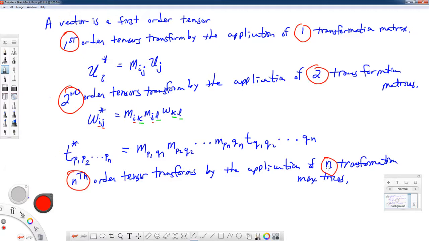Now, in a way, this is a useful definition, because if we know the components of a tensor in one coordinate system, and if we know the other coordinate system we're going to, we can definitely compute the new components in the new coordinate system. But just like we've seen with vectors, the vector exists without regard to its coordinate system.